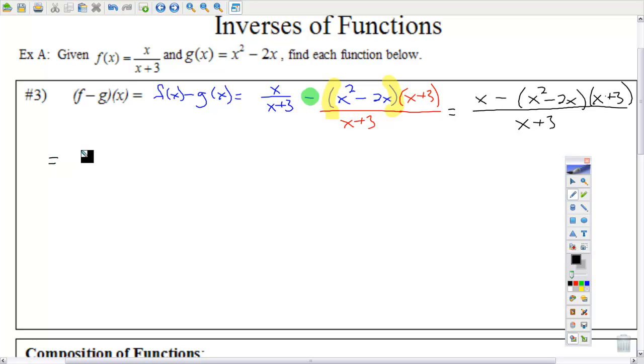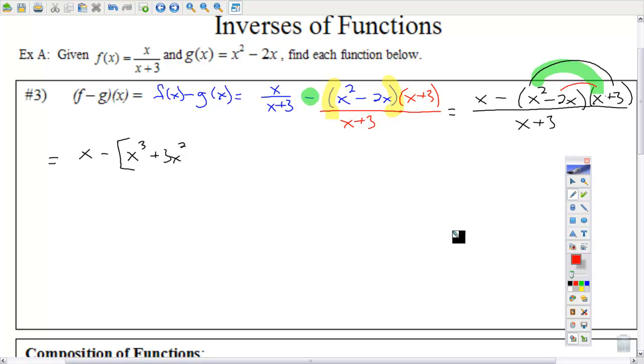This next step is going to look a little different than number 2, besides the subtraction. When I multiply these terms, x times x squared times x, I get x cubed. Now it's important, since I'm subtracting everything that's happening after this, that I put brackets, parentheses around this, because I have to change the signs of each of these things. x squared times 3 is plus 3x squared.